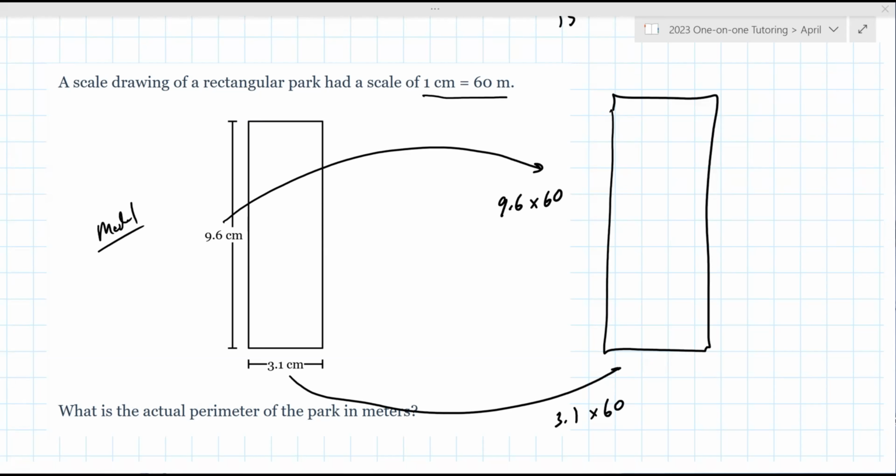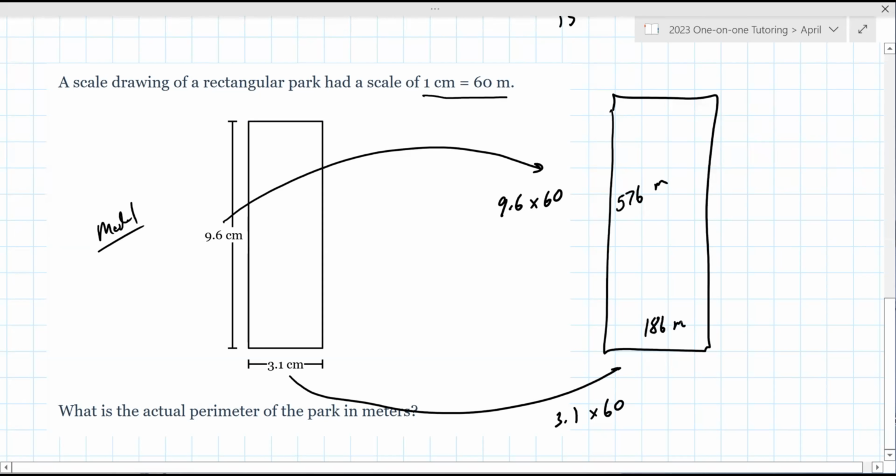9.6. The first one on top is 576. Good, and that's in meters. And then the one on the bottom, whenever you got it. 186.